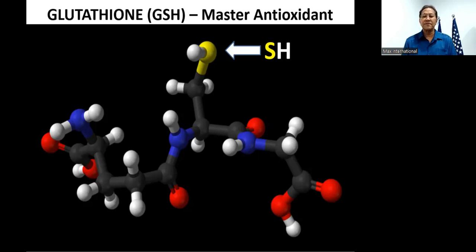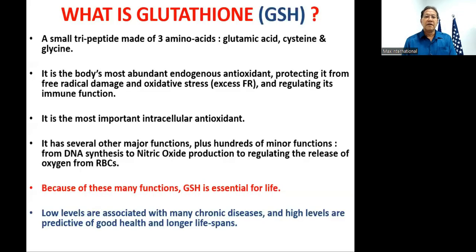Cysteine is with the sulfur and hydrogen component at the top there, which is the sulfur hydride group that gives glutathione its versatility and gives it many functions. A small tripeptide made of 3 amino acids, glutamic acid, cysteine, and glycine.